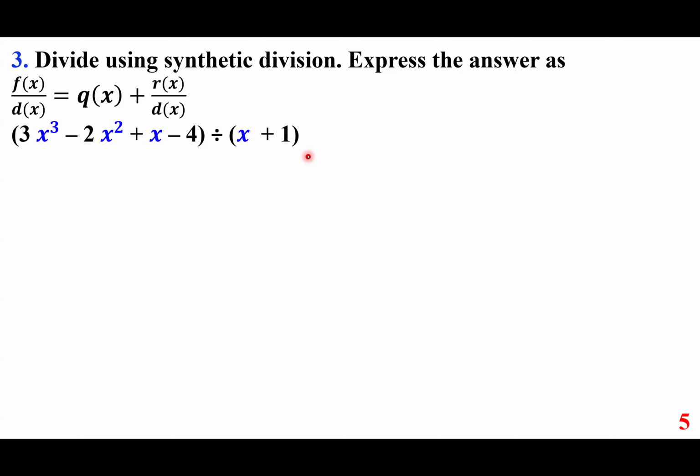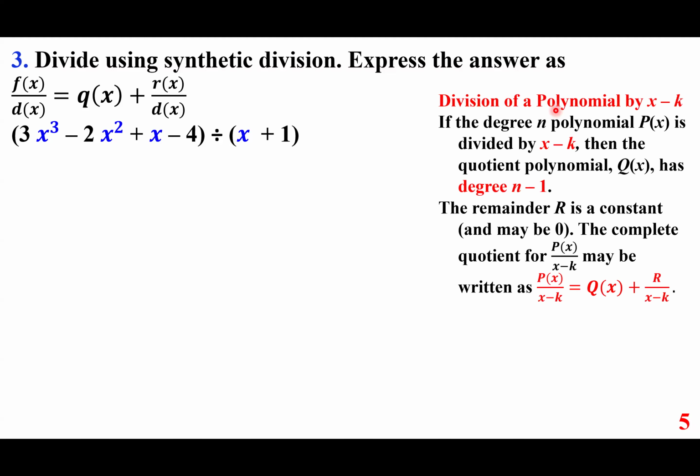The way division works when it comes to synthetic division, I'm assuming everybody remembers long division, is as follows. Division of a polynomial by x minus k, for example, x minus 5, x plus 5, x minus 10, x plus 10, things of that nature.